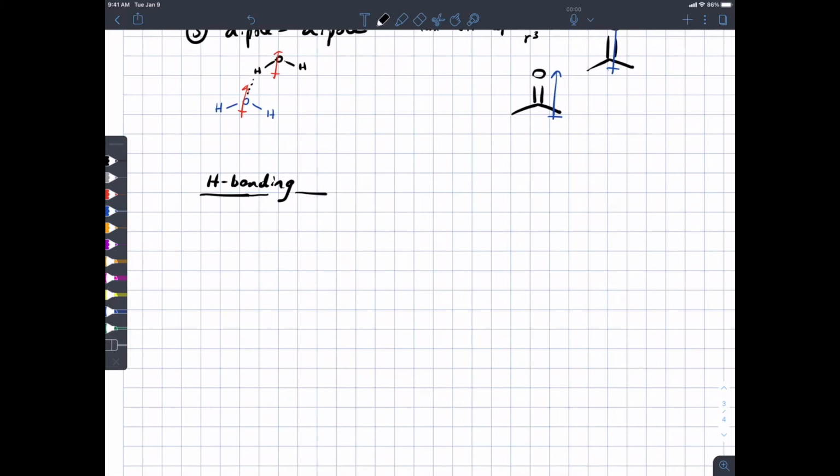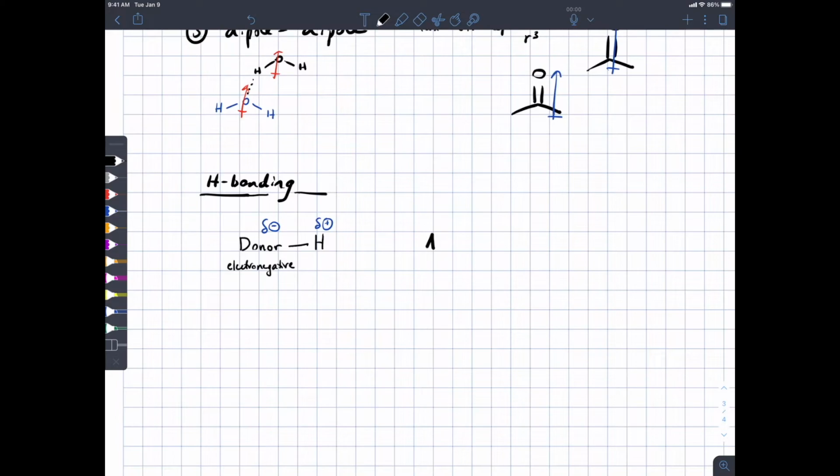We have a special kind of language for talking about these, and it's kind of a problem. So you've got a donor that's bonded to a hydrogen. Usually the donor is electronegative, so the hydrogen is electron poor, such that there's a partial minus on the donor and a partial positive on the hydrogen.